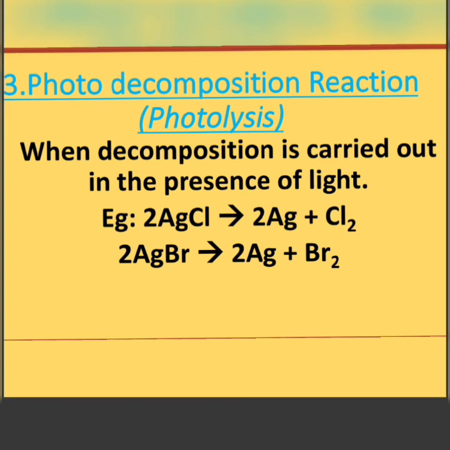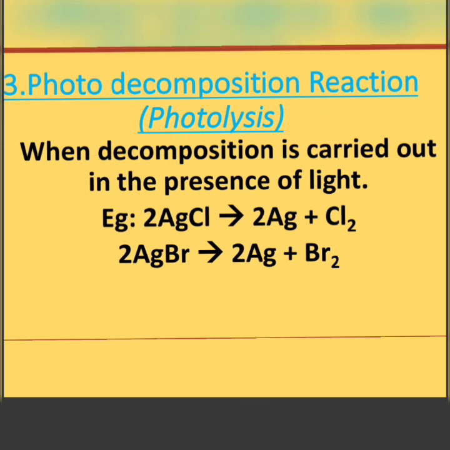Now, the concluding point. In all these three types of decomposition reaction, you must have observed that energy is being absorbed by the reactants. So energy in the form of heat, light, and what was the third one? Electricity, electric current. When reactions take place by absorbing energy, they are known as endothermic reactions.